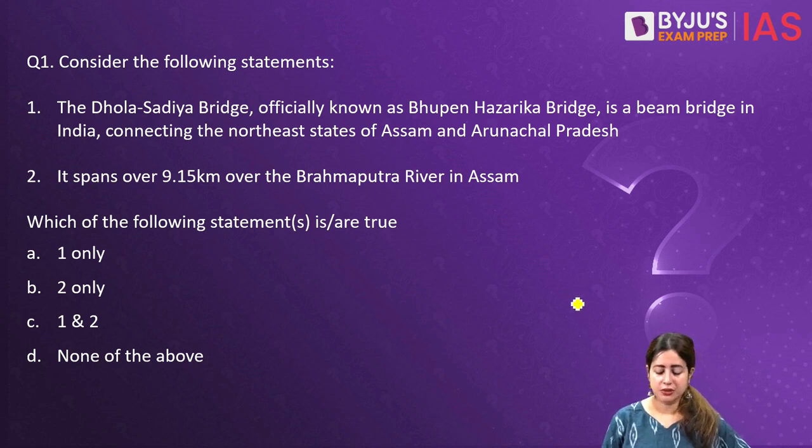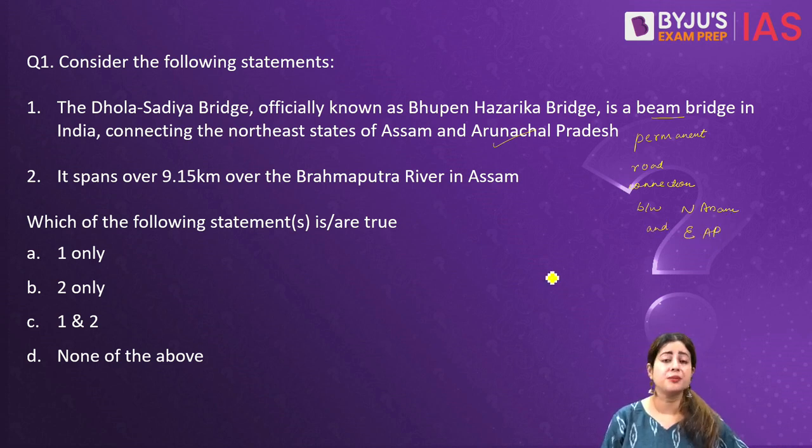The first statement says the Dhola Sadia Bridge, officially also known as the Bhupen Hazarika Bridge, is a beam bridge in India that connects the northeastern states of Assam and Arunachal Pradesh. This is a valid statement because the bridge is actually referred to as the first permanent road connection between North Assam and East Arunachal Pradesh.